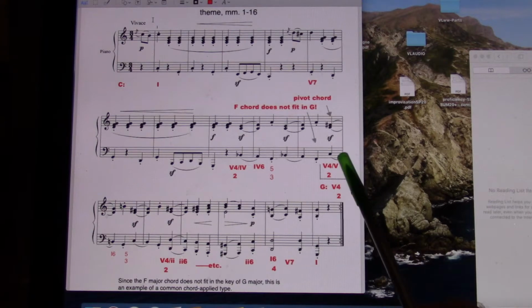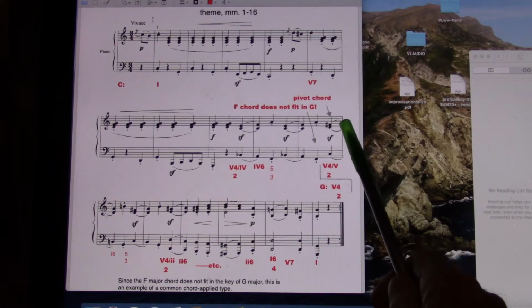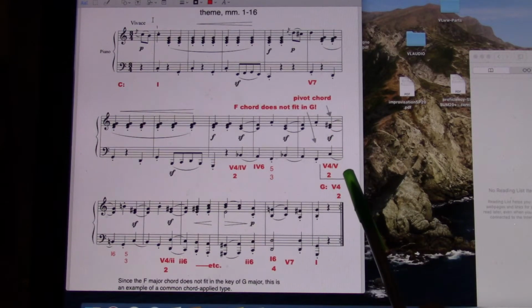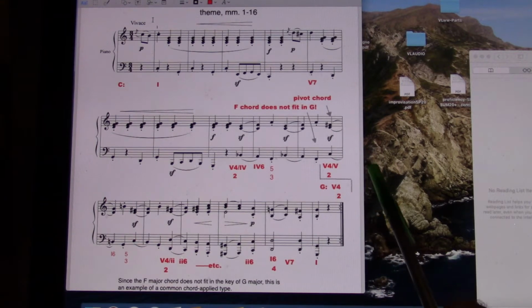So we are in the key of G from this point on. If we take this as the point of modulation and we back up one chord, we get an F-A-C chord, and that chord does not fit. It's the 4 chord in the key of C, but it does not have a typical function in the key of G. Therefore, in the key of C, we would call it a 5-4-2 of 5, a D, F sharp, A, C chord with C in the bass.